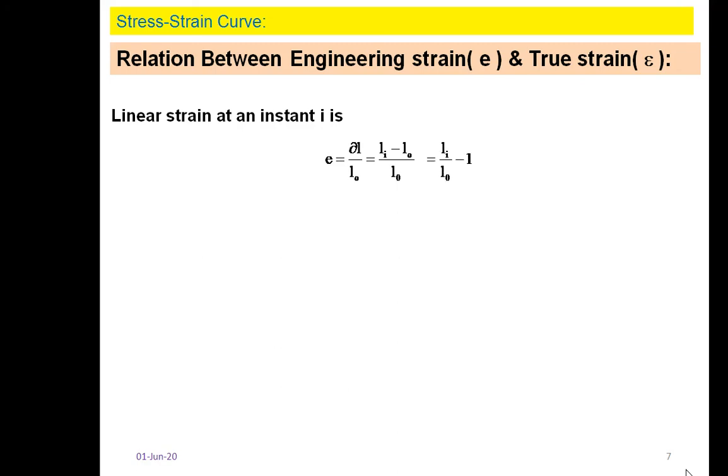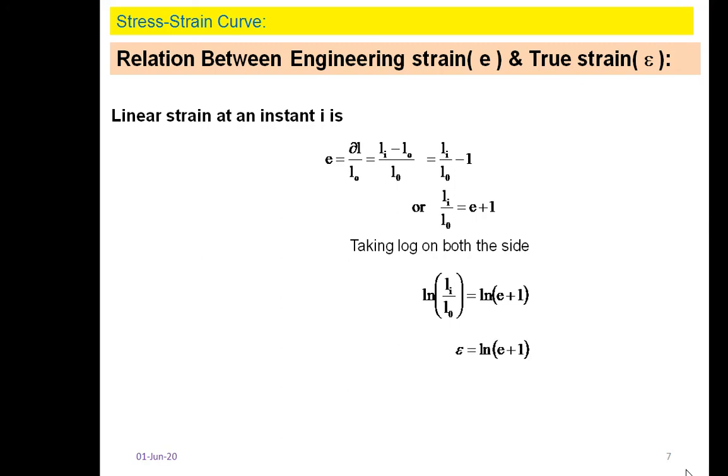You can write e equal to Li by L0 minus 1. So Li by L0 is equal to e plus 1. Taking log on both sides, log of Li by L0 is equal to log of e plus 1. So epsilon equal to log of e plus 1.